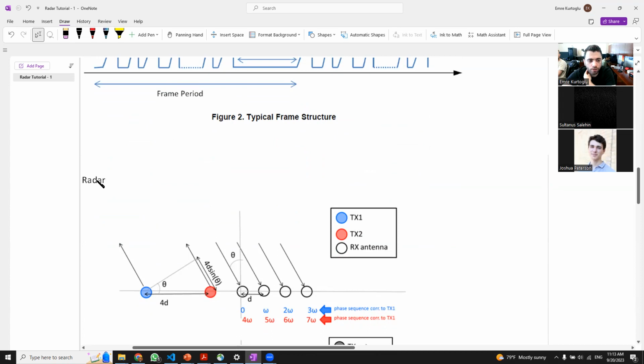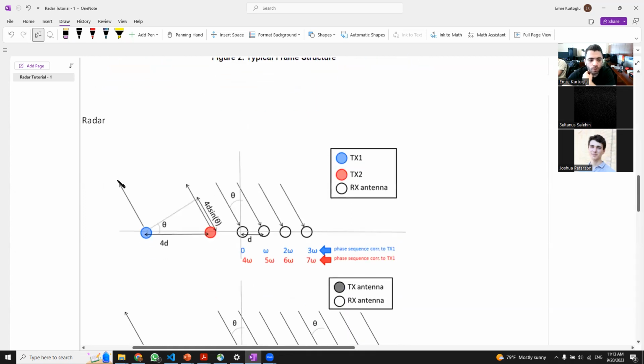Now we'll see the radar antenna structure a little bit, like what we have in our lab. We have a few different radar platforms. One of them has 2 transmitters and 4 receivers. One of them has 3 transmitters and 4 receivers. I'll try to describe how these antennas work. These 2 antennas transmit electromagnetic waves.